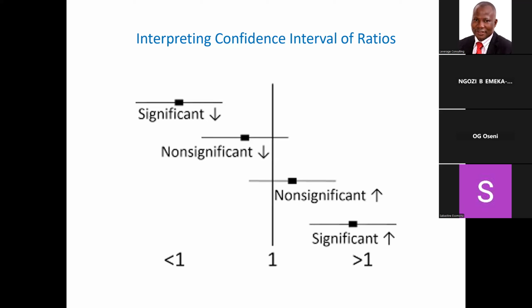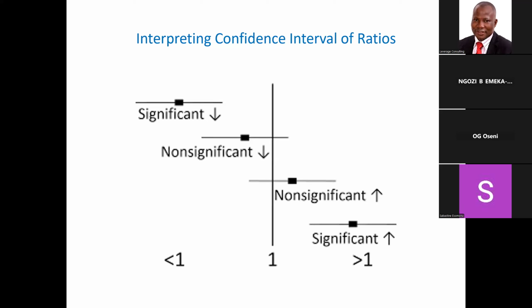If the confidence interval starts from 0 point something and ends in 0 point something without crossing 1, this is significant. It's only that the factor you are talking about is protective. It's not causing disease, it's preventing it. But when the confidence interval starts from anything after 1 and ends anywhere after 1, it's significant. It means that the factor you are talking about is actually causing the disease, is responsible for or contributes to the causation of the disease.